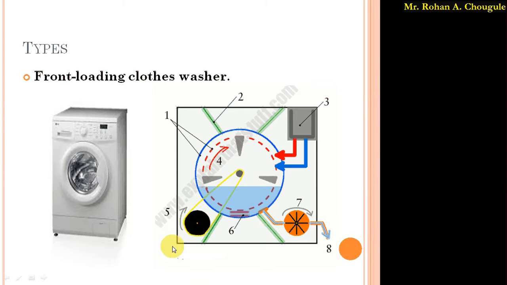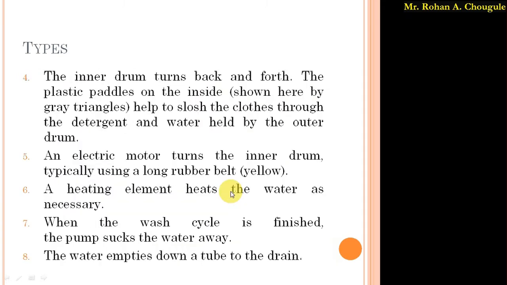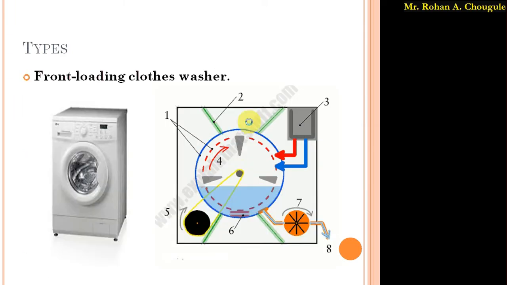It shows the electric motor, and this electric motor is connected with the inner drum with the help of this rubber belt. This is a yellow colored rubber belt I have shown over here, which is used to connect the motor to the inner drum.